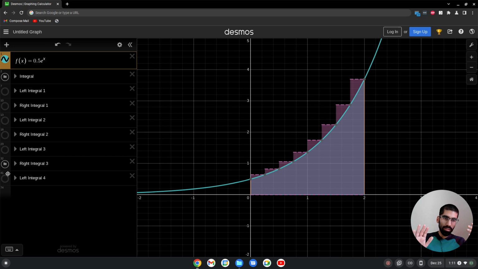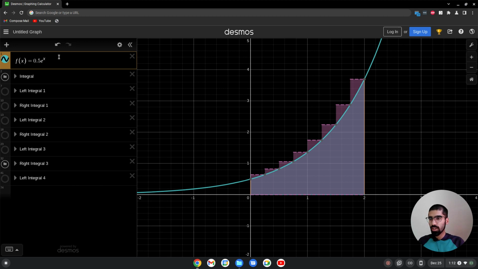So this is going to lead to under versus overestimates. One thing you should keep in mind, and you may have noticed this even with the cos of x function: the only reason right integrals corresponded with an overestimate was because this was an increasing function in the area that we wanted to take an integral over.